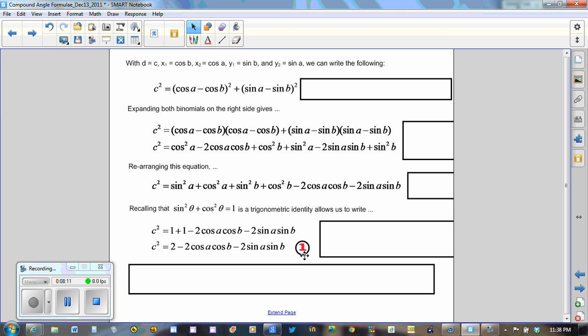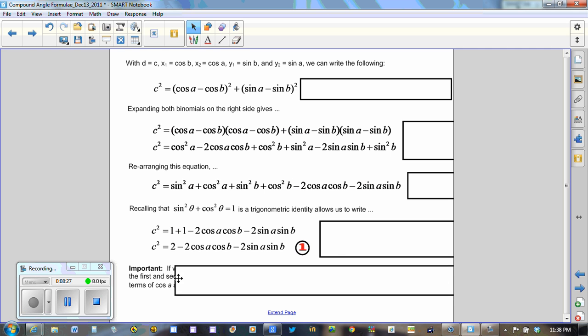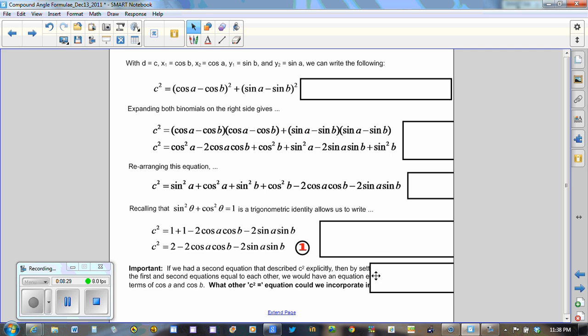Now, being that this is labeled equation 1, generally speaking, when your teachers did that, it was a prompt that you would be searching for a second equation so that you could solve a system of equations. So this important fact here, not that you need to write it down, but definitely read it and consider it.